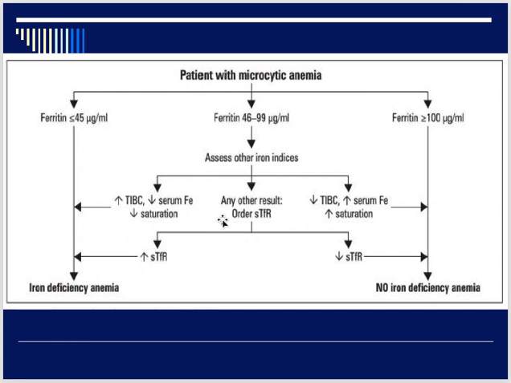If they come back high, it means the patient has iron deficiency anemia. But if they come back low, it means there is no iron deficiency anemia. So in iron deficient states, more transferrin receptors are expressed so there can be more iron uptake.